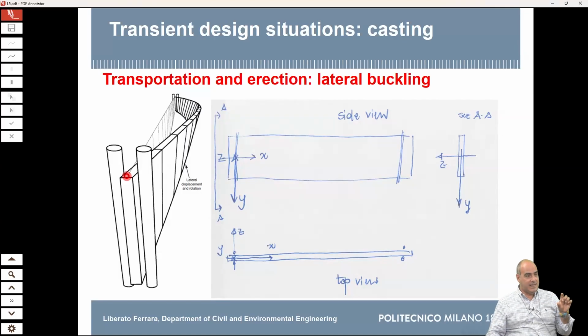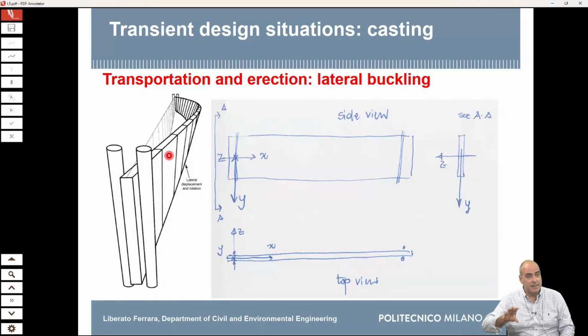So the stiffness in the out of plane direction is 100 times less than the stiffness in the main direction. So it means that if there is nothing which blocks you and you have just a slight imperfection, the beam will immediately bend in that direction.